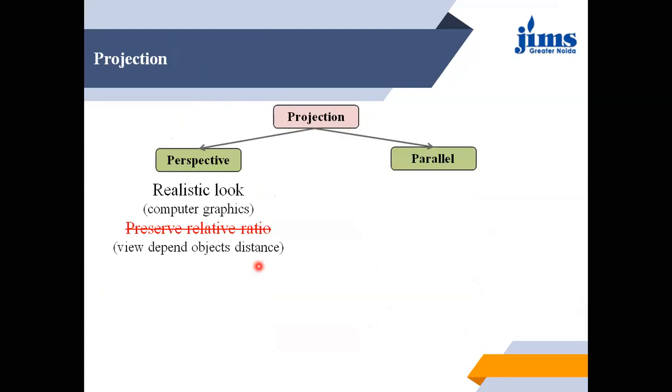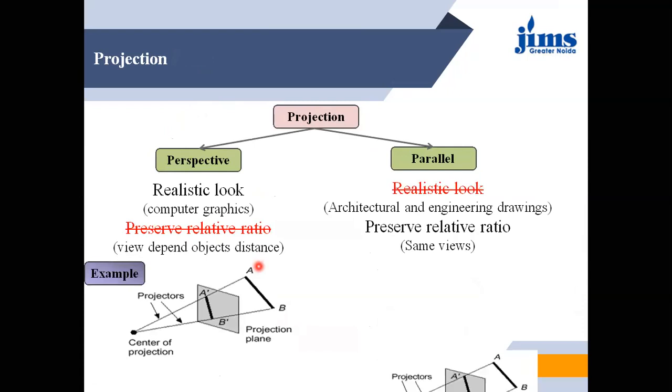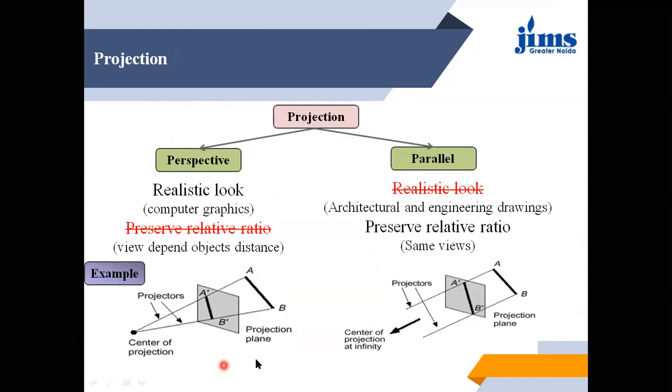We discussed in the last class how perspective projection is different from parallel projection, and we saw one example of this also. We generally study perspective projection because in it we get a realistic look of the object, as in our day-to-day life.